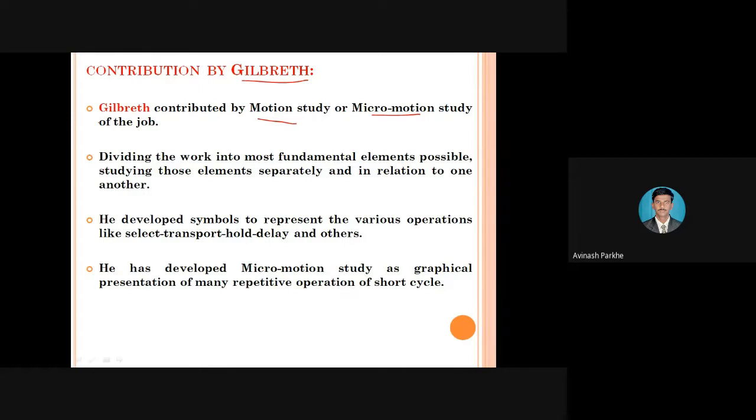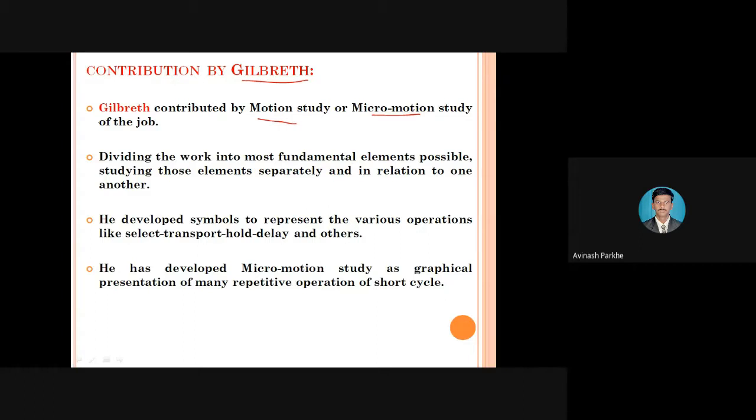Sometimes the movement of the workers also takes place from one station to another, because there may be two or three machines that are handled by a single worker only. Initially he does the job on workstation number 1. He will start the job, then move to workstation number 2.